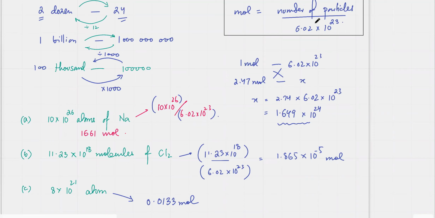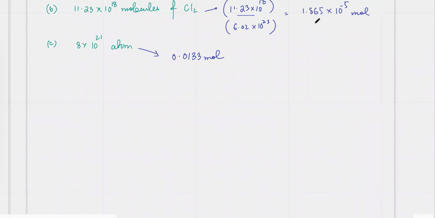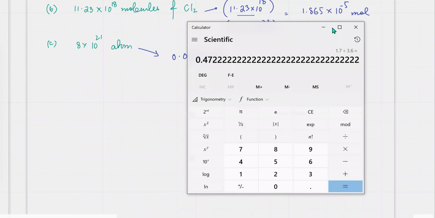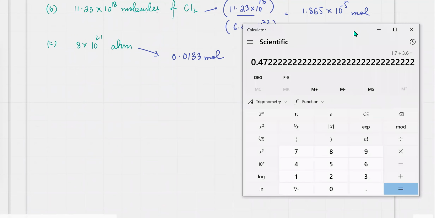So now the next one. Now this thing is very important, and that is, if I try and find out the moles of this thing, let's say my desktop calculator is not really good, but let me try this. It's 8 and 10 power x.